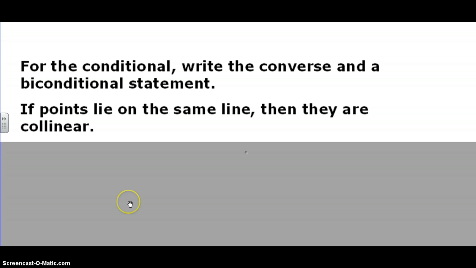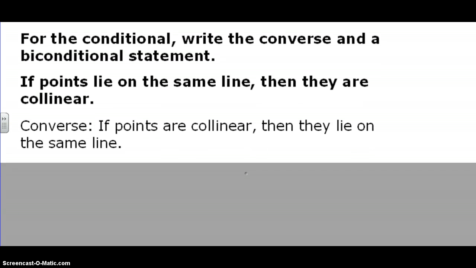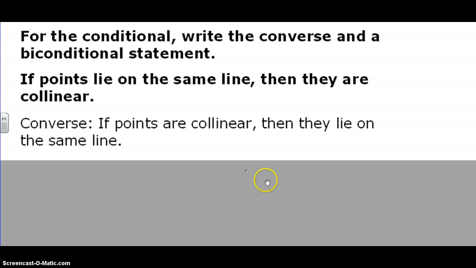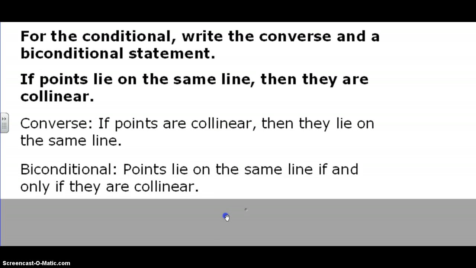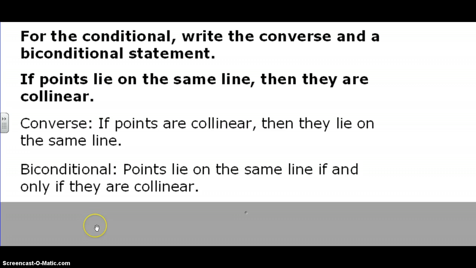So the converse would be if points are collinear, then they lie on the same line. And then the biconditional we can state is, actually we don't start with if, do we? We say points lie on the same line if and only if they are collinear.